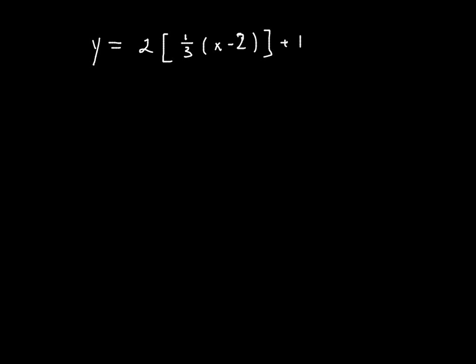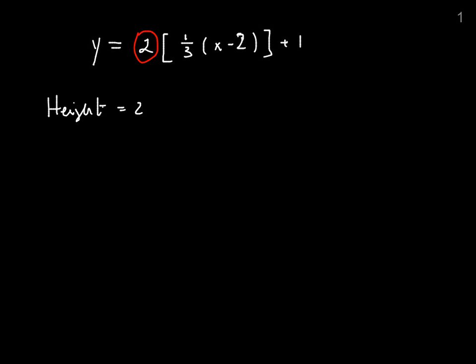Alright, so let's analyze this step function right here. Right away we can see from the equation that a is 2, which means that the step height will be equal to 2.